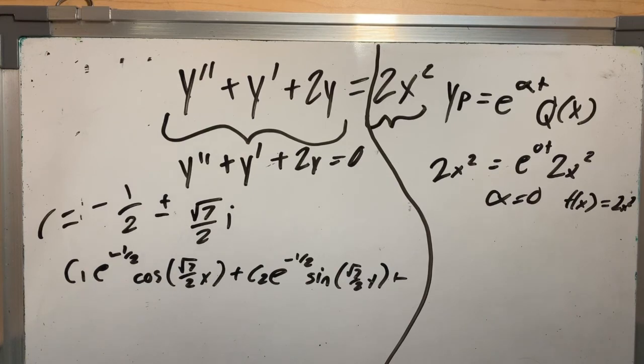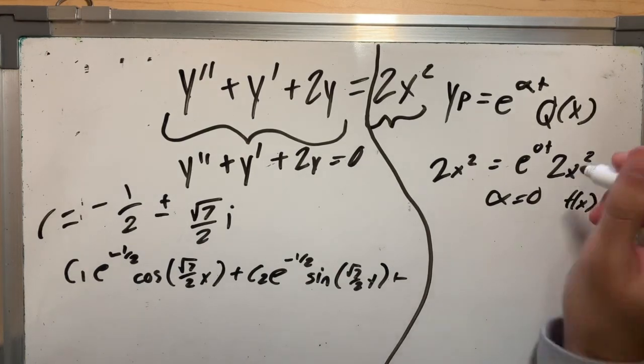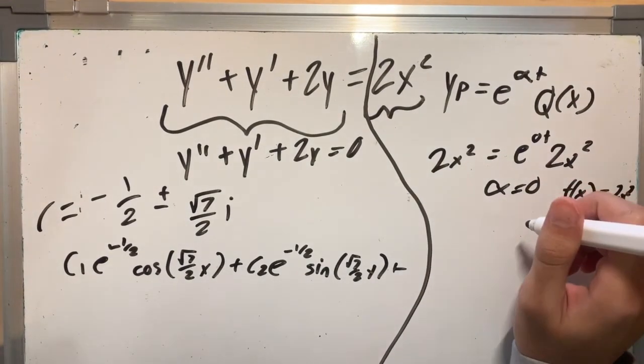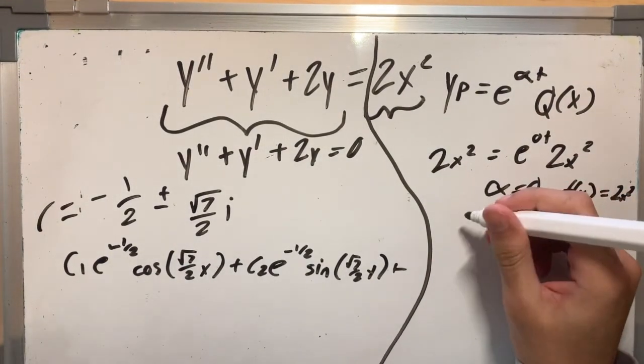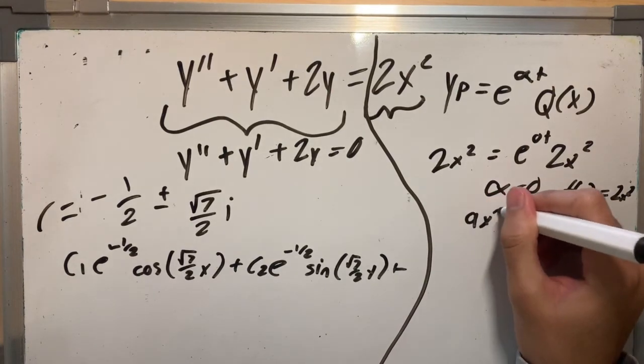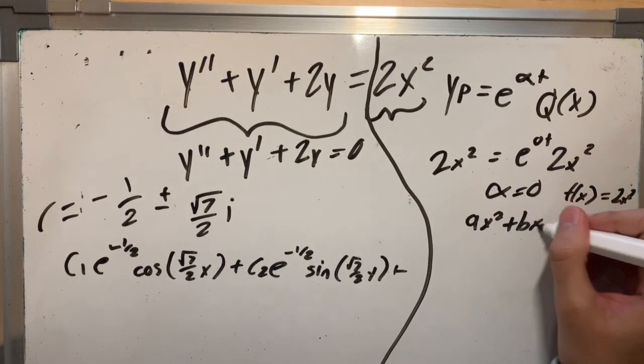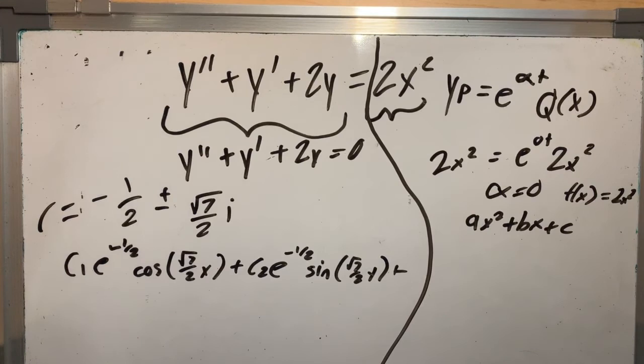So we want to find a polynomial with the degree of 2, and everyone knows the polynomial of degree 2. It's the most basic ax squared plus bx plus c.